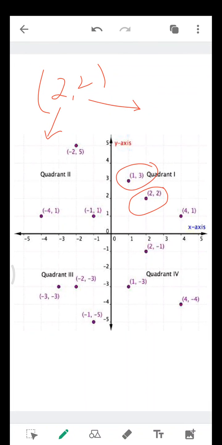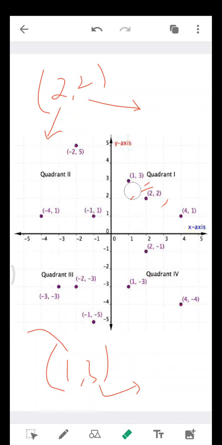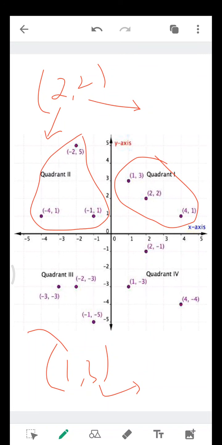Or if I take 1, 3, the first one is called x coordinate, or also called abscissa, and the second coordinate is called y coordinate or ordinate. So you can see here 1, 3 and 2, 2, these are all positive, so they all lie in the first quadrant. If the abscissa is negative and ordinate is positive, they lie in the second quadrant.